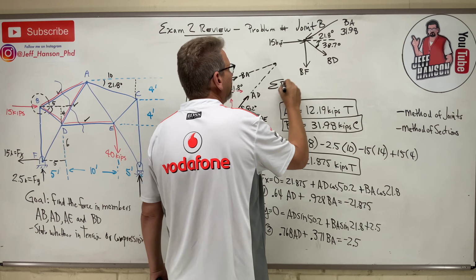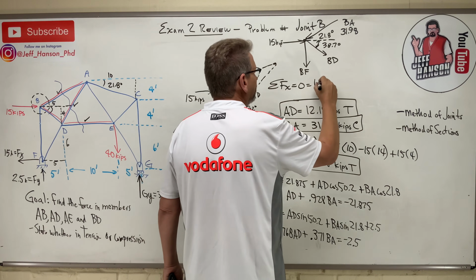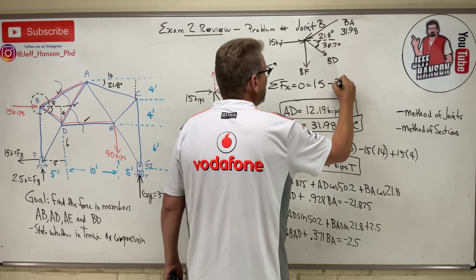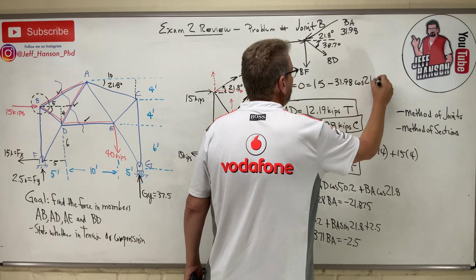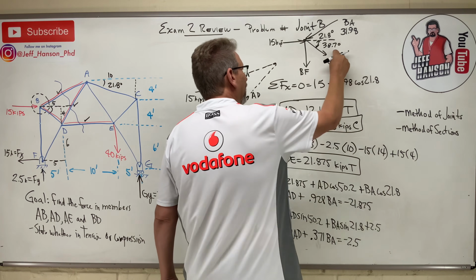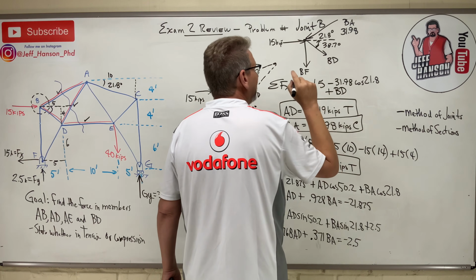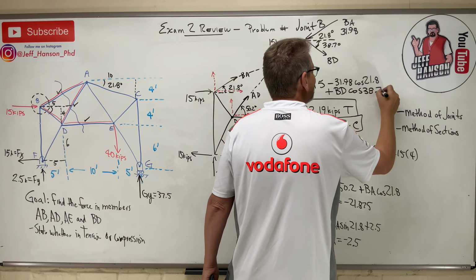Sum of the forces in the X equals 0 equals 15 minus 31.98 cos 21.8 plus BD times the cosine of 38.7.